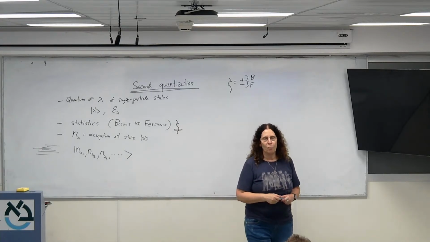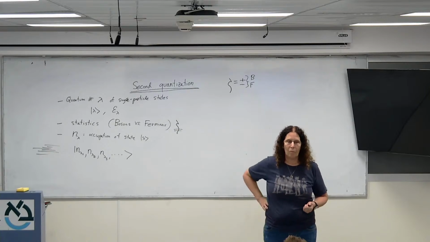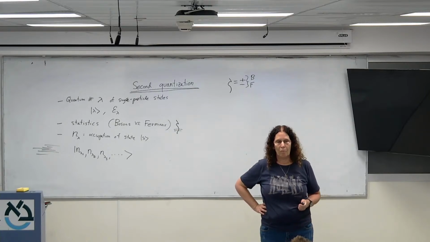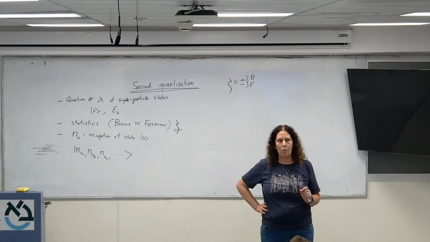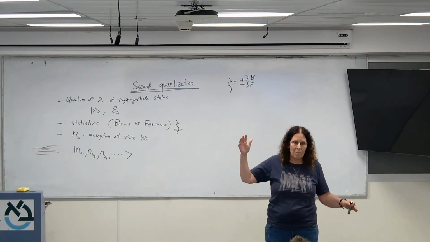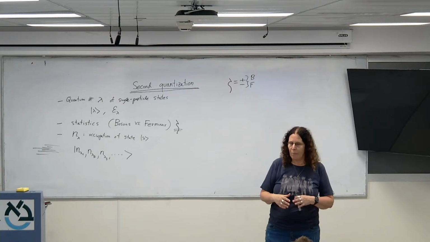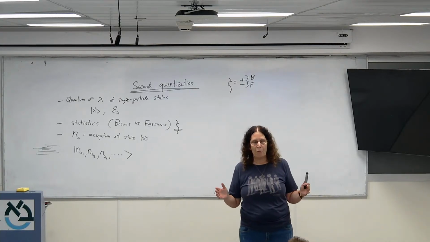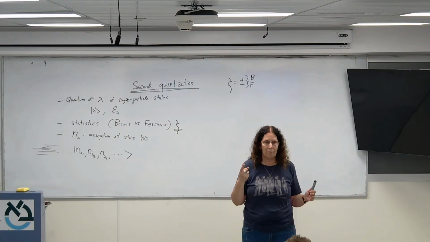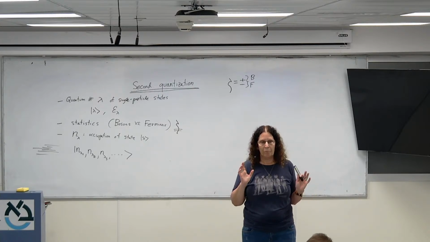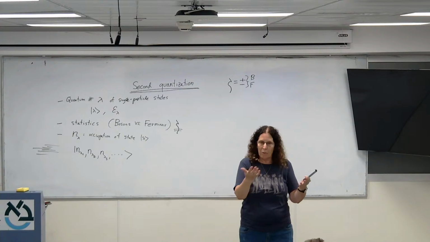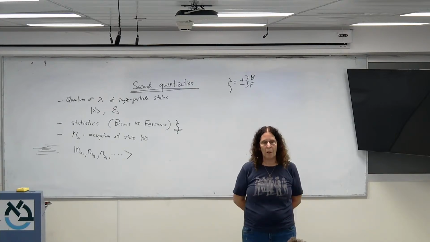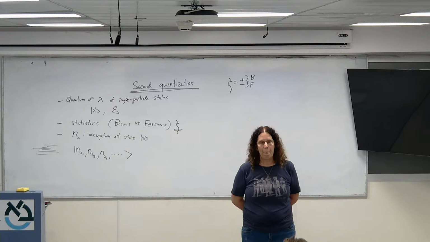Yeah? If lambda describes the whole quantum state, then how can you occupy more than one fermion? No, lambda is a quantum state. It's some basis, if you like, a complete basis of quantum states of a single particle. So it describes the spin and the momentum and everything, depending on the particular problem. So yes, if they are fermions, the occupation has to be forced to be at most one.